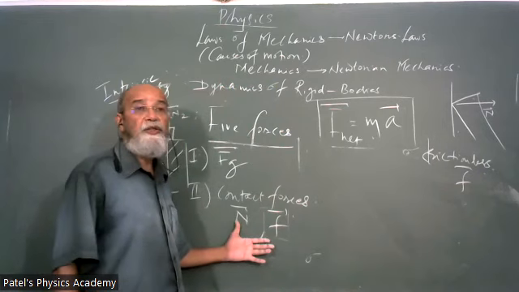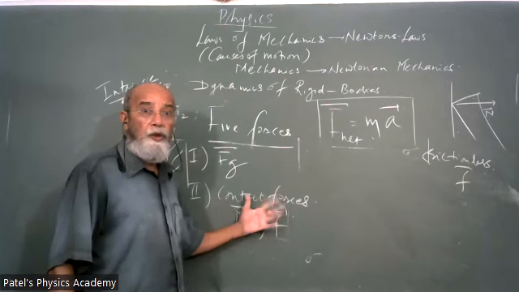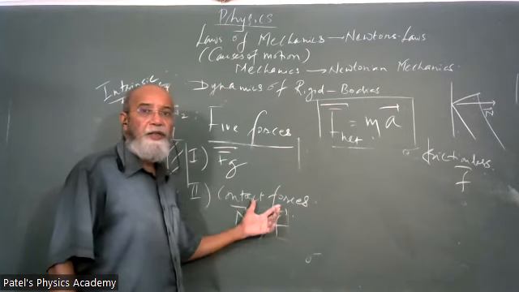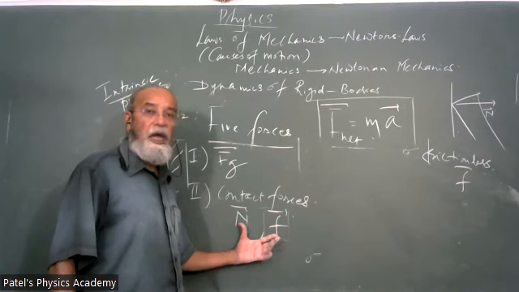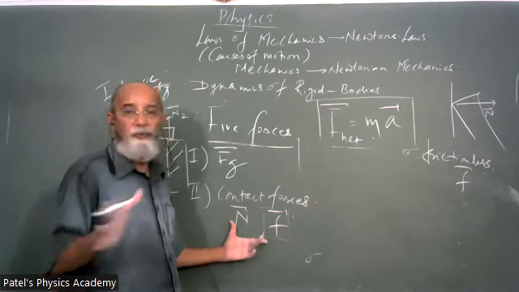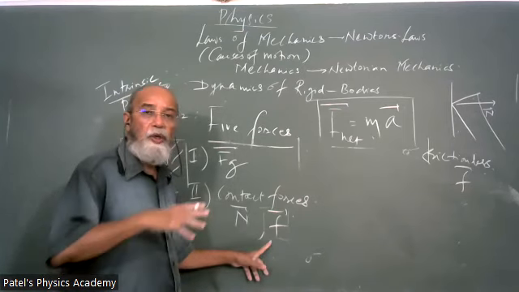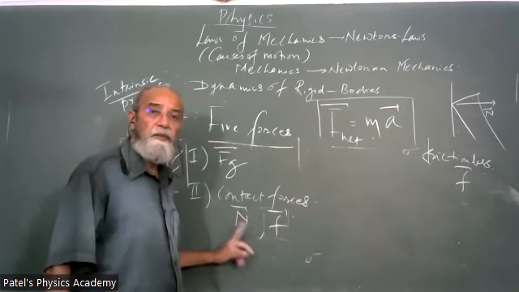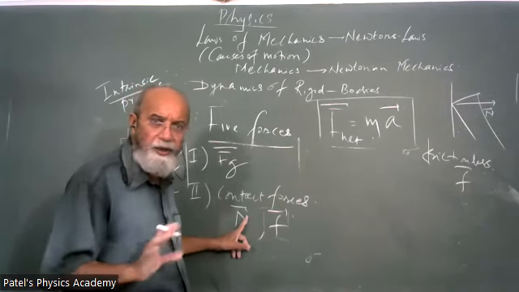There is a wonderful relationship between the two. But for the time being, Newton broke up the contact force into two, and he explained to us how to represent each one of them. I am not showing friction because I'm saying everything is frictionless. I'm only showing N, which is a contact force. Only if there's a contact you show it.